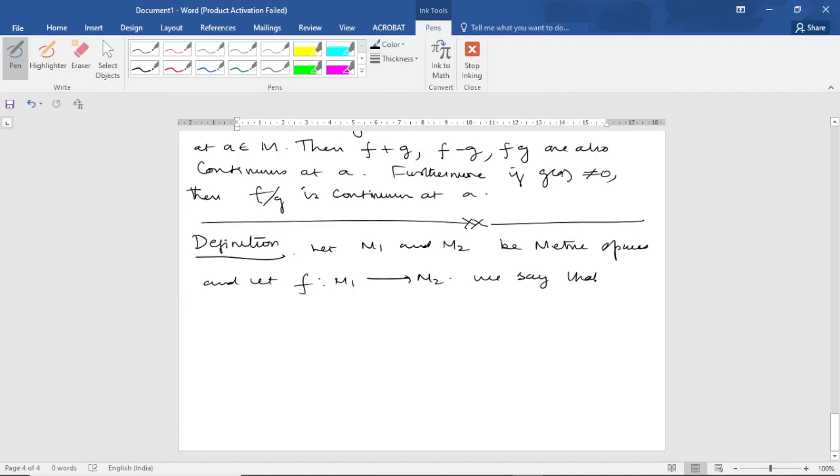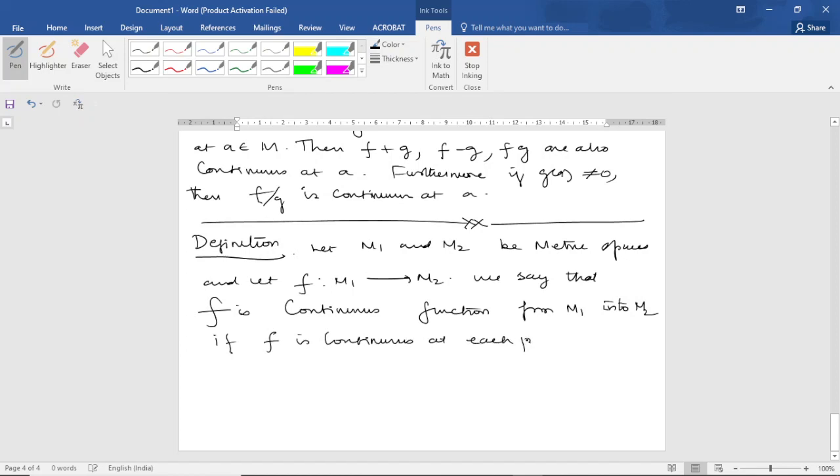We say that f is a continuous function from M1 into M2 if f is continuous at each point in M1.